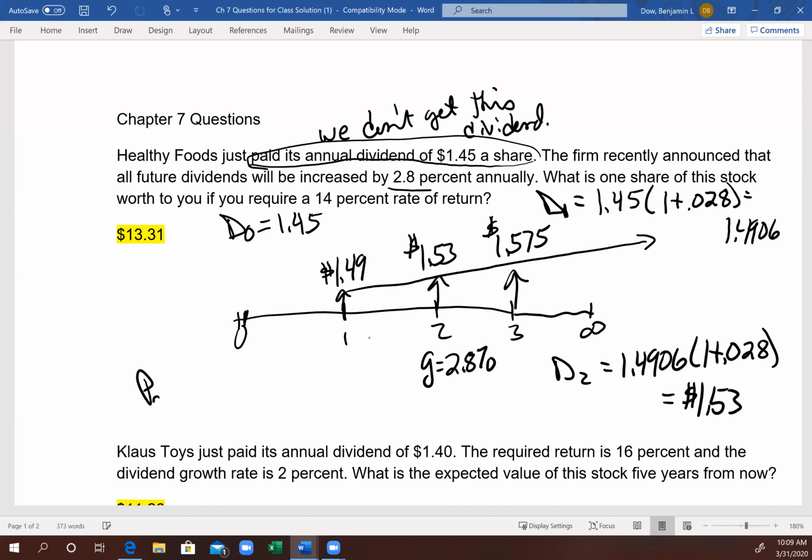So that P0 equals D1 divided by R minus G. And we can find the present value of this growing perpetuity by taking $1.49 and dividing it by 0.112.